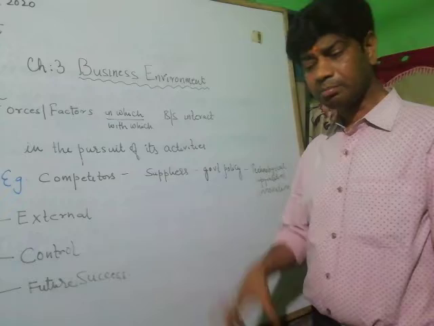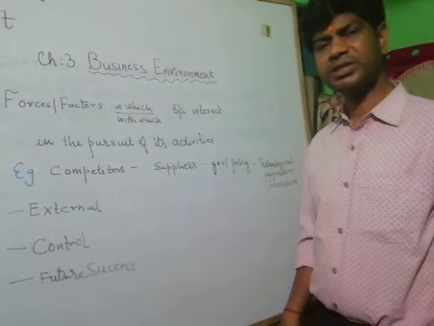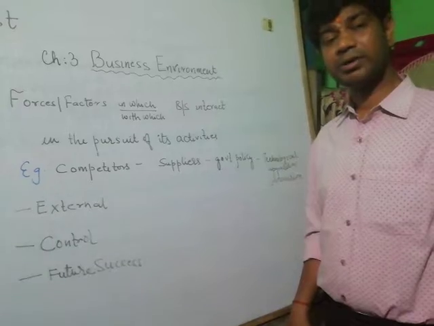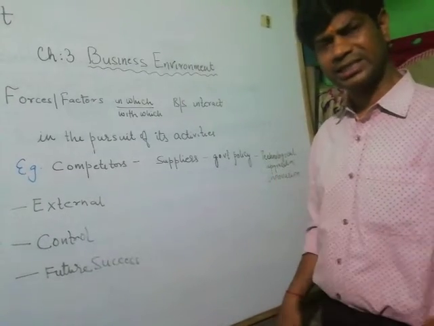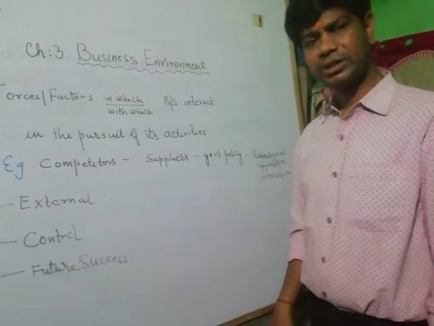Now the number of industries that could be established with government permission has increased, as the government has relaxed the norm in granting licenses. So more and more businesses are being established.